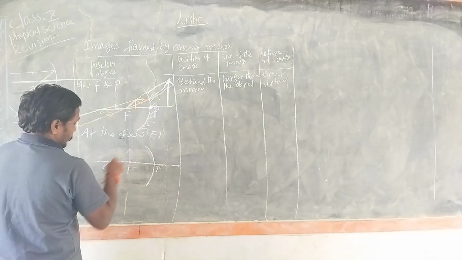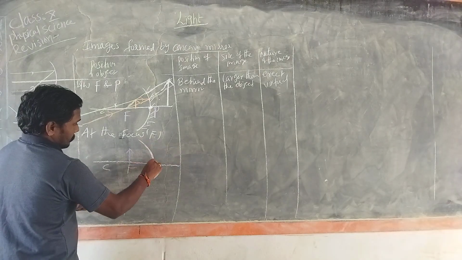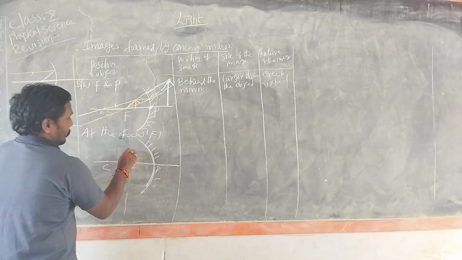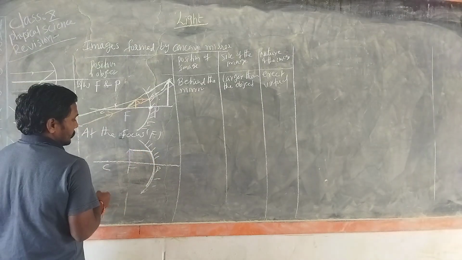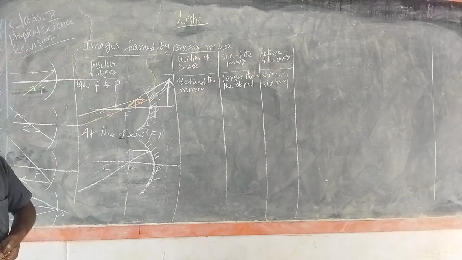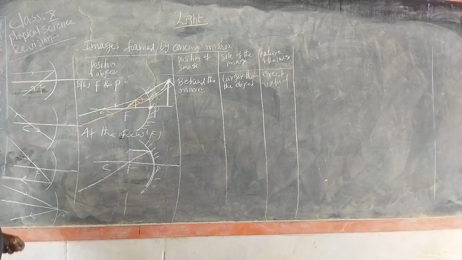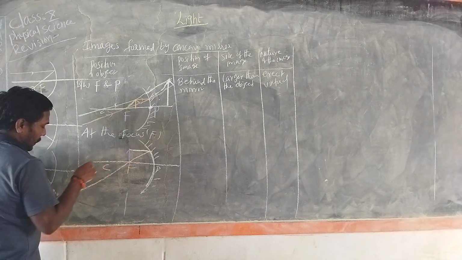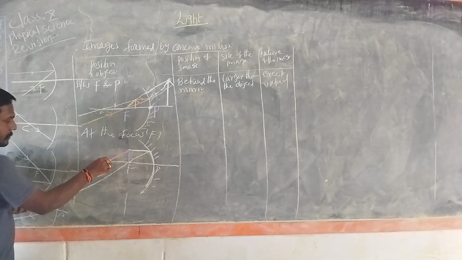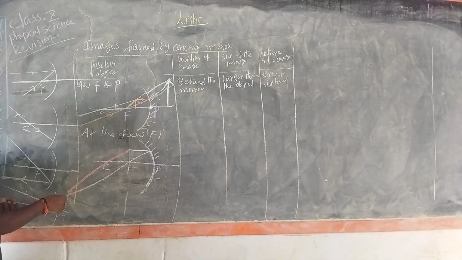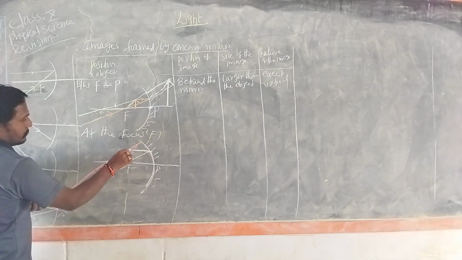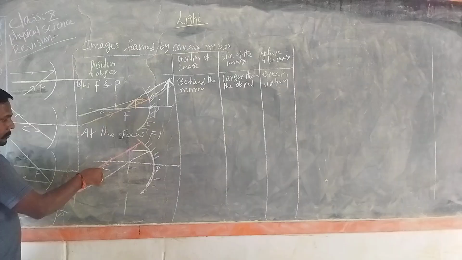Then the diagram: parallel to the principal axis, it passes through focus. Then the second one we can take like this, through the center of curvature. Through the center of curvature it moves like this.